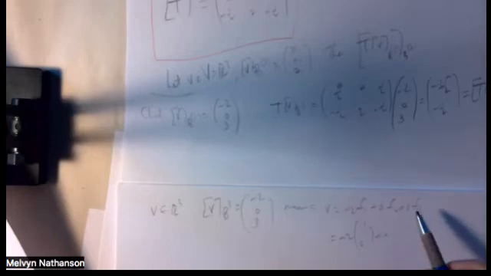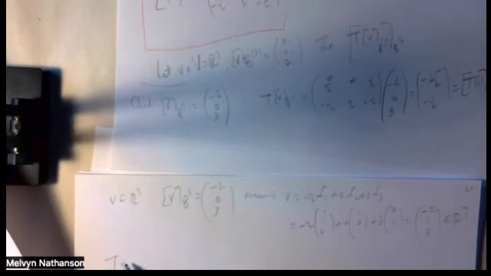What is F2? 1, 0, 1. What is F3? 0, 1, 1. So if this calculation is correct, -2 times 1, 1, 0, 0 times this, 3 times this. So this is -2, 1, 3. That's what my vector v is.